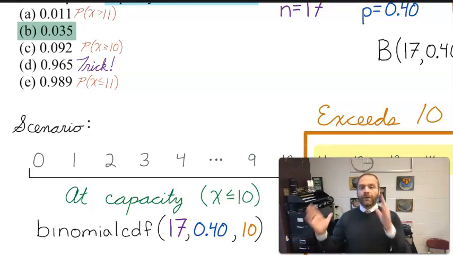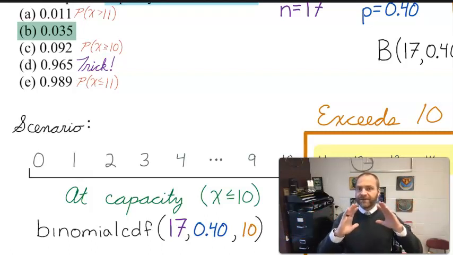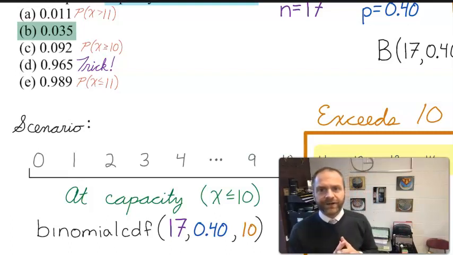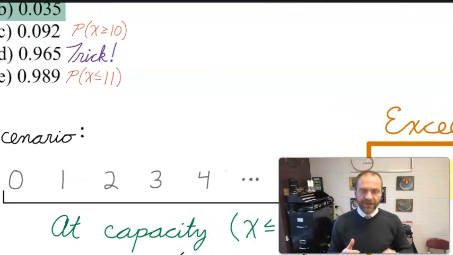It's going to say, oh, I want 10, 11, 12, 13. That's what exceeds capacity. Now remember, the prompt says that the hospital can handle 10 of them. So 10 is at capacity. Anything beyond that's not. And then you will have the x less than or equal to 11 for the other one.